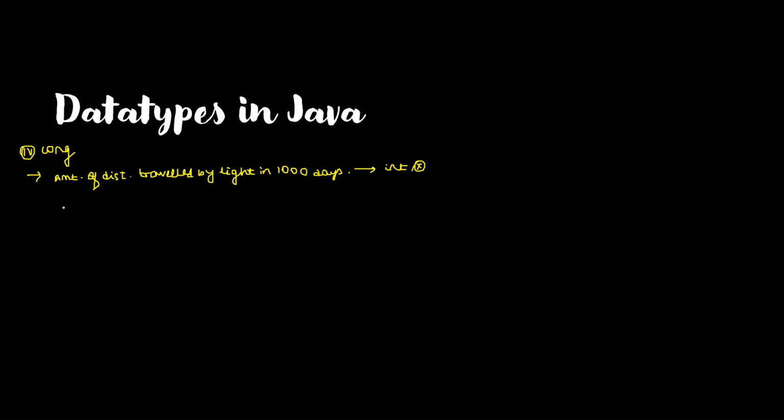So, you write something like this in that case: long L equals the speed of light, which is 186,000 miles per second, if I'm not wrong, times 60 times 60 times 24 times 1,000.